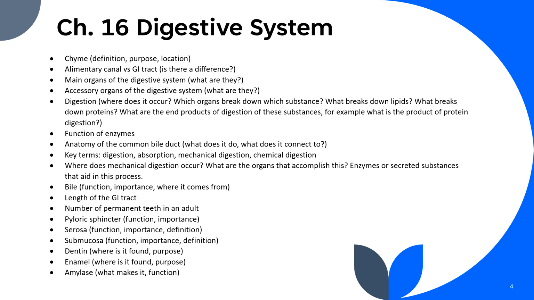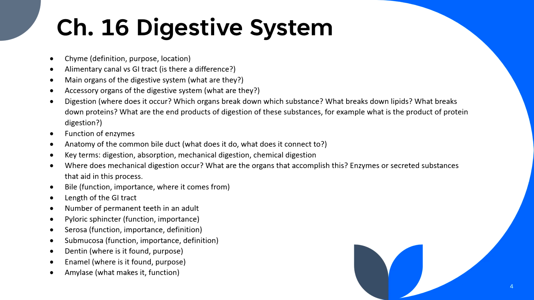Our main organs of digestion are those making up the alimentary canal, and the accessory organs of digestion are not segments of the tube, but instead are within or surrounding that tube. You can see a great breakdown of this on page 362 within table 16-1.